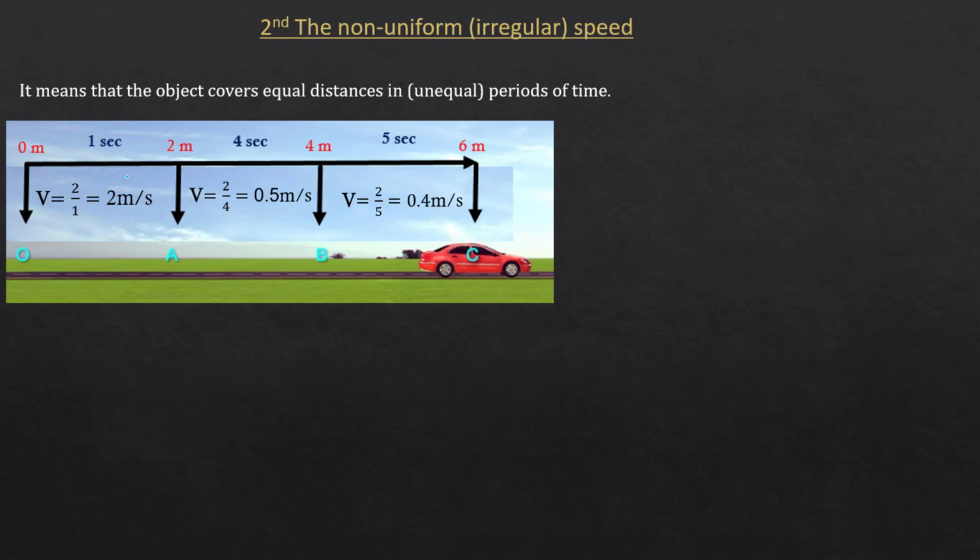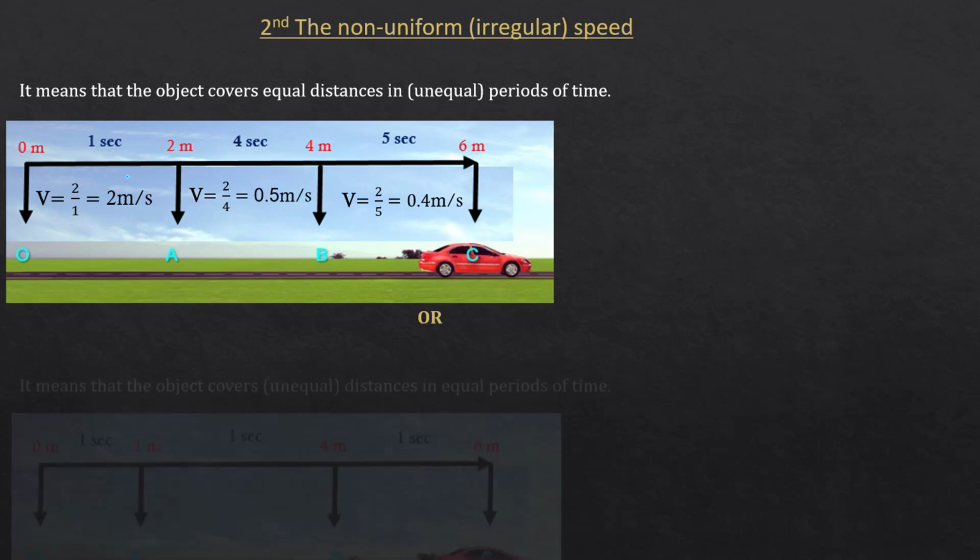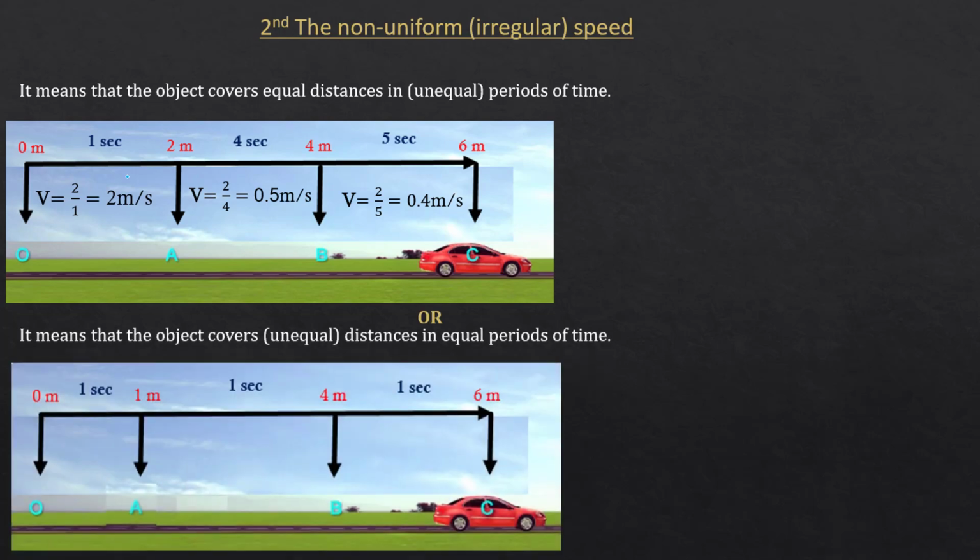The car moved with non-uniform speed or irregular speed. But if the speed is constant, we can say the car moves with a regular speed or uniform speed. But the speed is not constant in this case, so we can say the car moved with irregular speed or non-uniform speed.